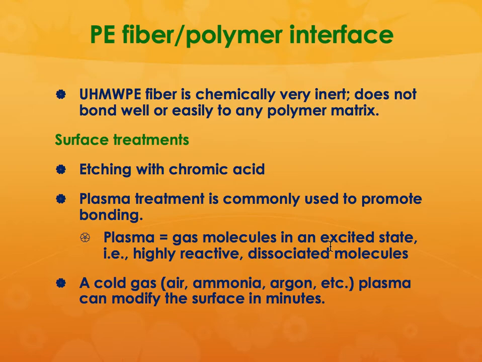So then you etch those fibers either with chromic acid or you do plasma treatment again, or you might do that in the presence of a cold gas like air, ammonia, argon, etc. Then the plasma can modify the surface in minutes.